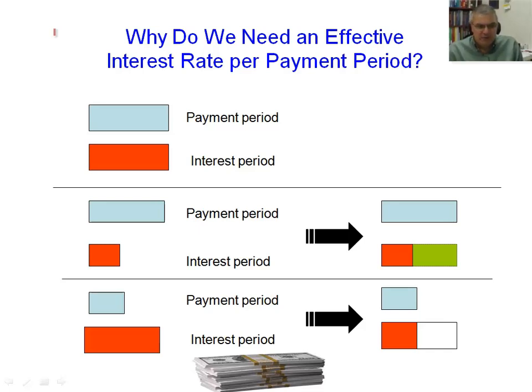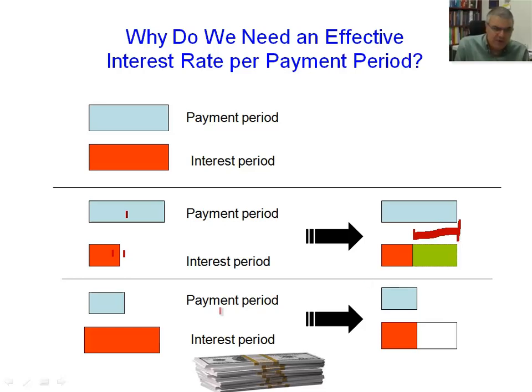But what if the payment period and the interest period are not the same? Again, these two bars down here should provide you with a straight comparison. As you can see, if the payment period is greater than the interest period, then there would be some kind of a gap here that is difficult to cover.